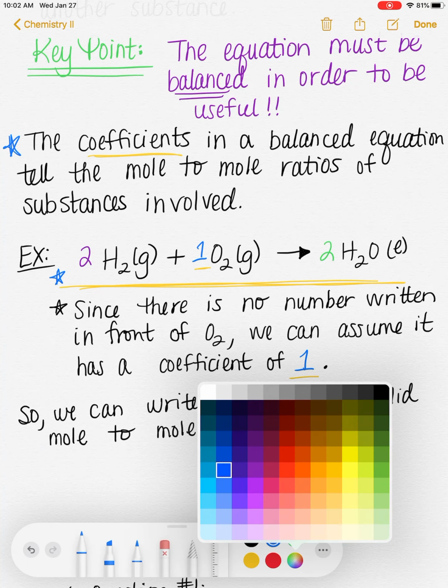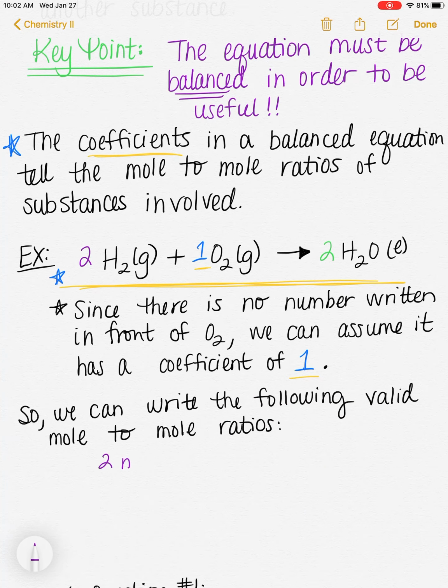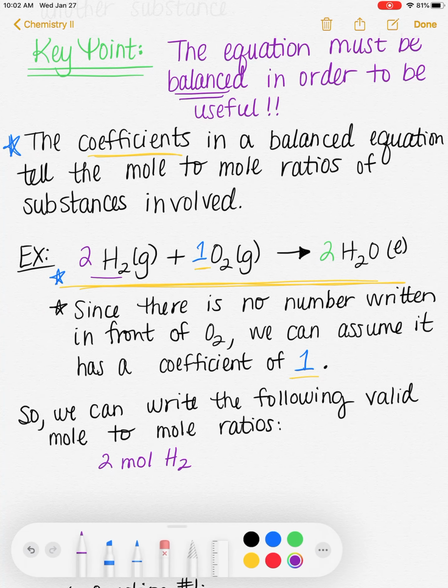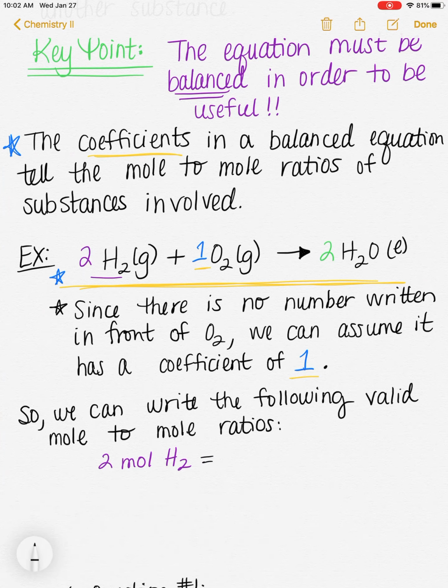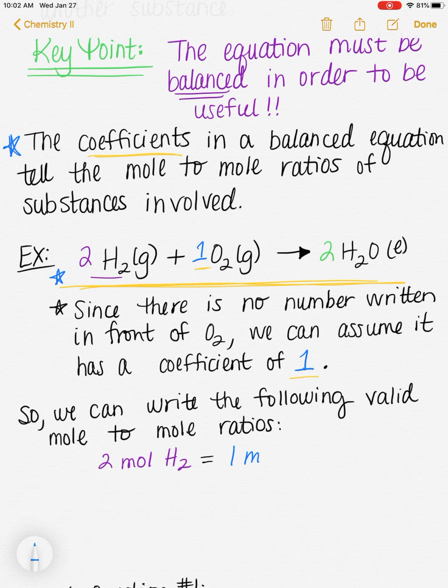For example, I could say that 2 moles of H2, since there's a coefficient of 2 in the balanced equation, is equal to 1 mole of O2. It would be a 1 mole to 2 mole ratio based upon the coefficients.